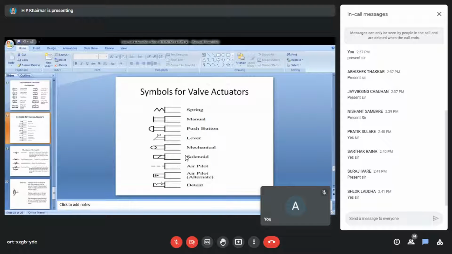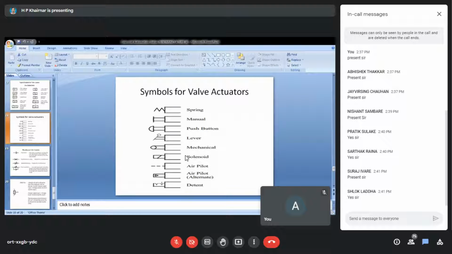Then there is the solenoid valve. You might have studied the solenoid in the second year, probably in the basics of electrical engineering. A solenoid is an electrically activated element.